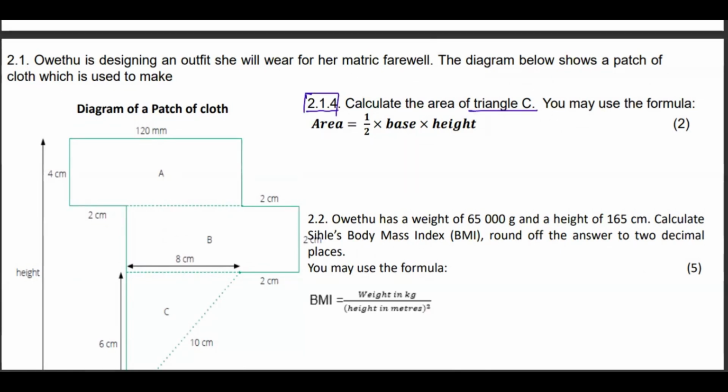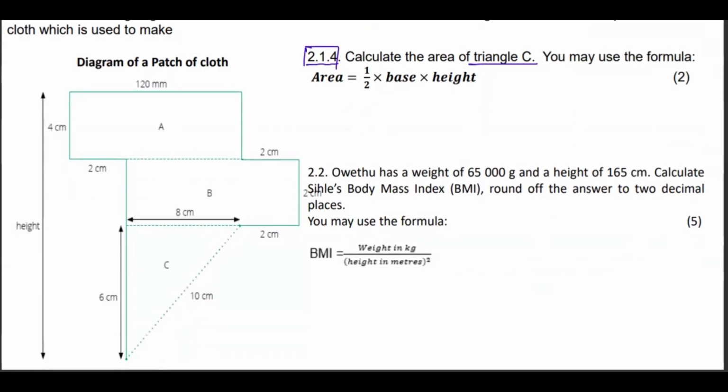You may use the formula below. Now, triangle C: what you have to do is identify the base and identify the height. That's all we need. So our 8 here would be the base, and the 6 here is the height. This 10 is the hypotenuse. We are not using it in the formula.